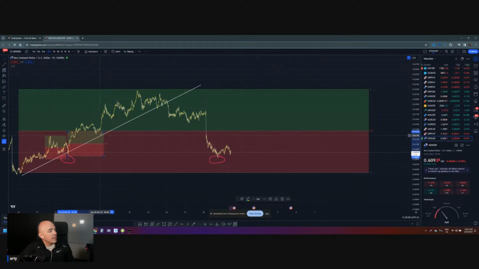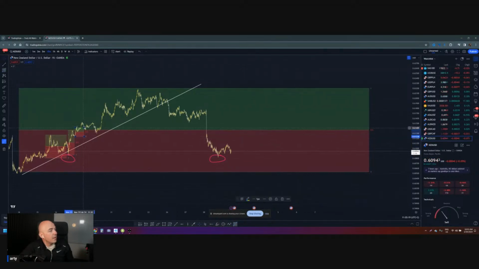Didn't come in. That's fine. This right here was the move that broke structure. Came into the PD array. This was the move that broke structure. Came into the 50% area.